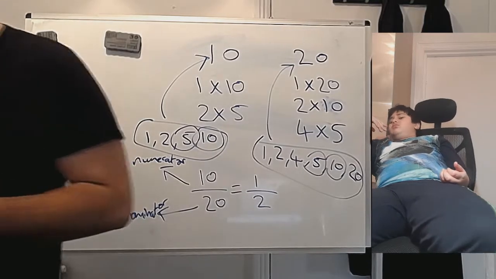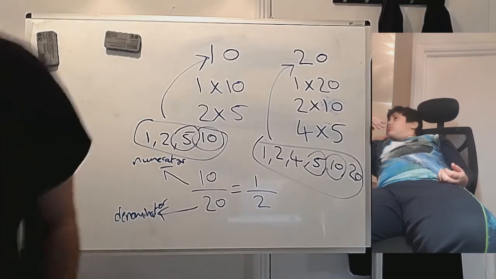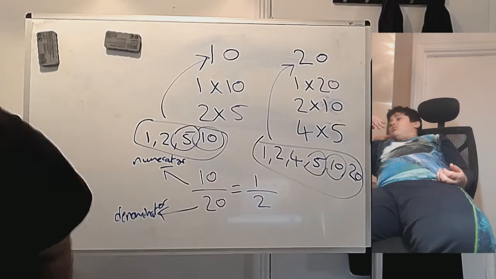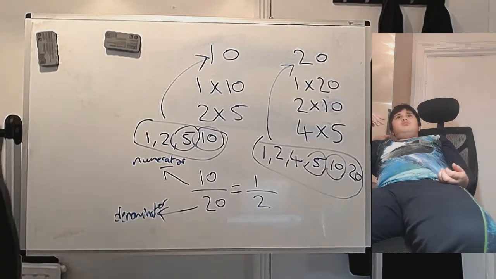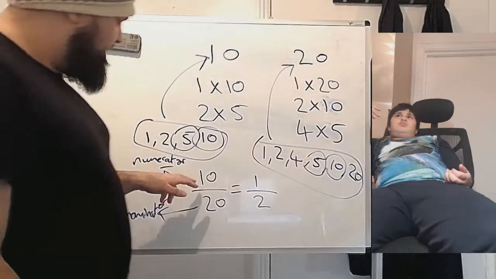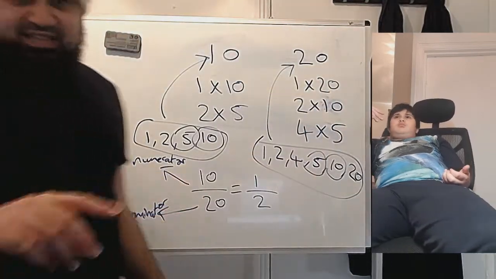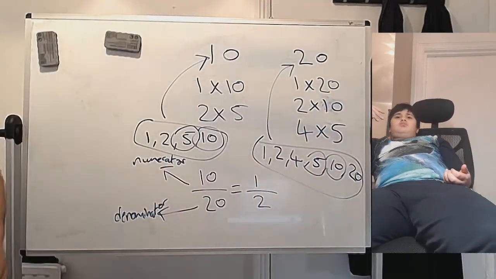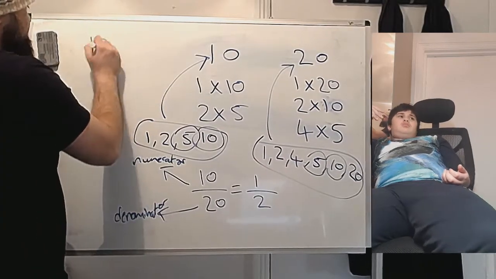I'll prove it to you. I don't really need to, but if you have a calculator, just accept my word for it. If you want to test it, go to the calculator. Remember, 10 over 20 means 10 divided by 20. Let's not forget that from the first bit we've done.